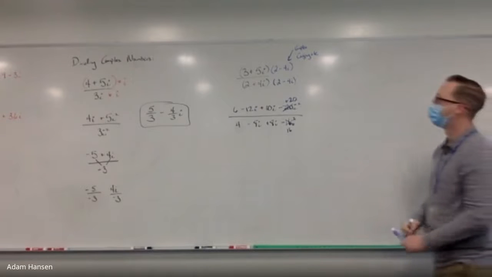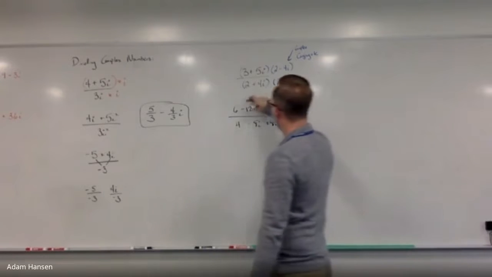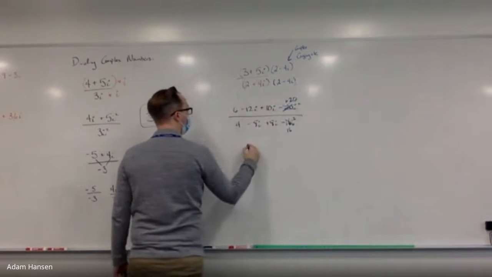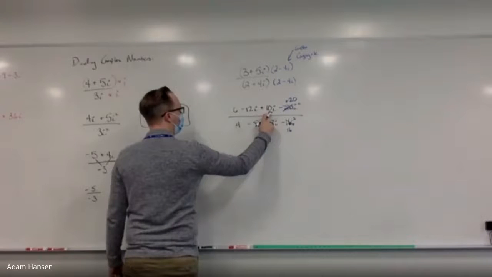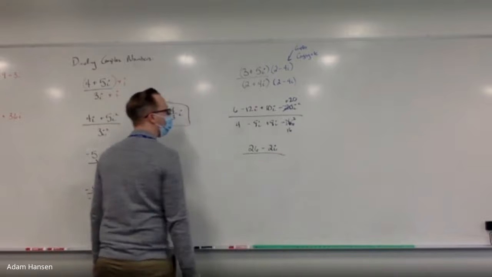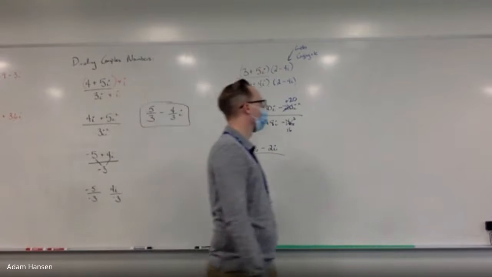Now let's start combining stuff. I have a 20 and 6 to add together. 6 plus 20 makes 26. Negative 12i and 10i makes negative 2i.